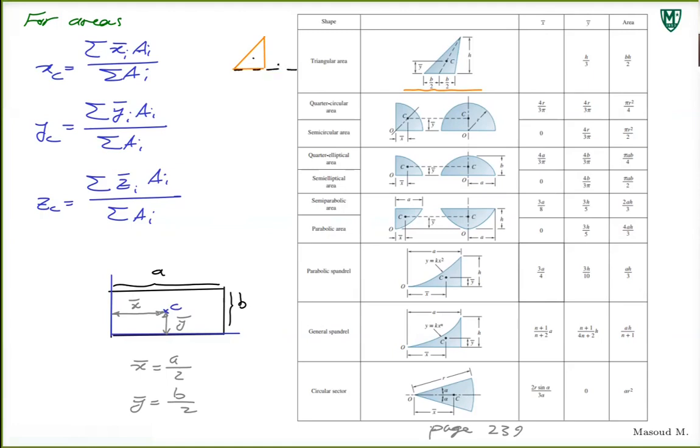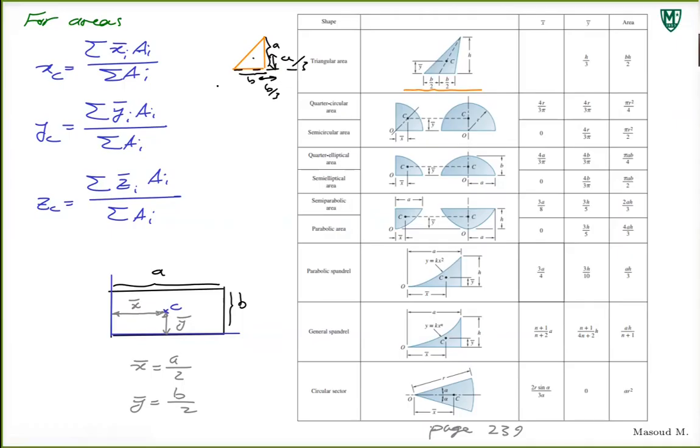So centroid is located at 1/3 in this direction. If I call this A, I call this B. 1/3 in this direction and 1/3 in this direction. 1/3 of the distance from the base.